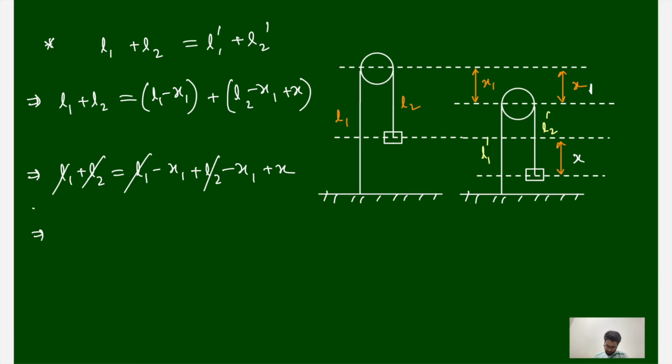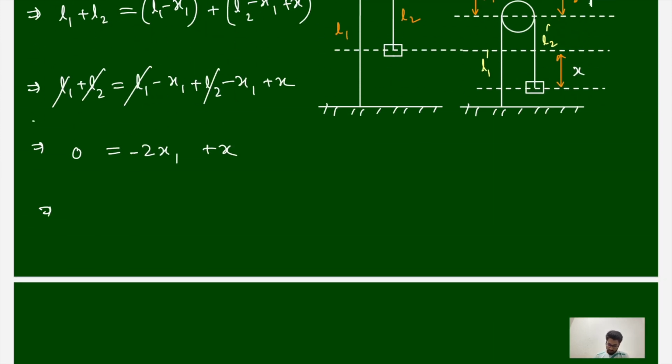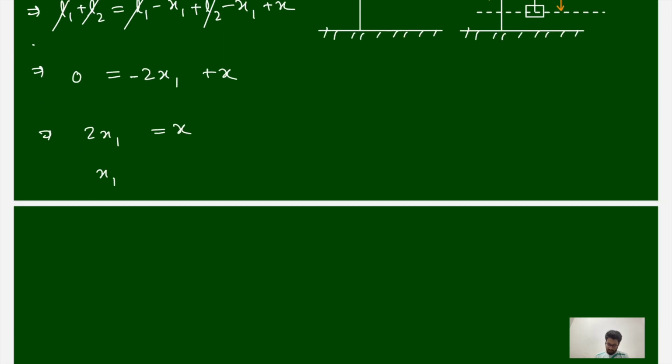So you have 0 is equal to minus 2 times x1 plus x. Or we can say 2x1 is equal to x. That means x1 is equal to x by 2. So the relation is, when the block moves by x distance, the pulley will move x by 2 distance, half of the distance.